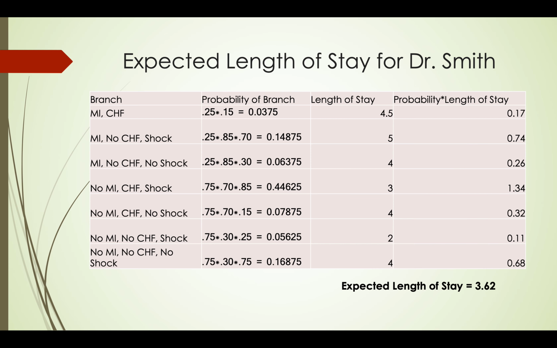In this column, I've multiplied each probability to get an overall probability. The third column is the length of stay, which is given for each branch. The last column is where I've multiplied this solved probability by the length of stay to get this value. And then at the end, all of these values were added to get the expected length of stay for Dr. Smith, which is 3.62 days.